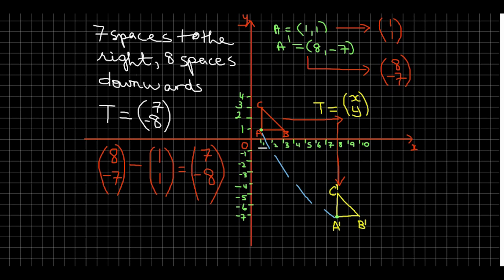So for translations, it most times would be addition and subtraction. But for your reflections, rotations, enlargements, dilations, those would be matrix multiplication. So that's the key thing with these types of questions, just knowing which operation you have to perform.